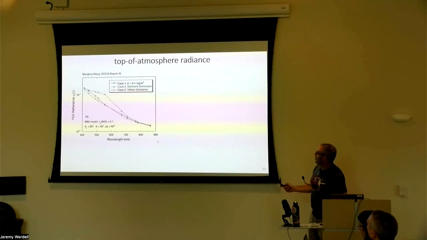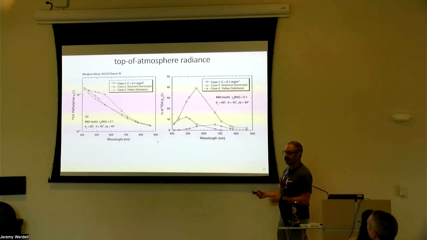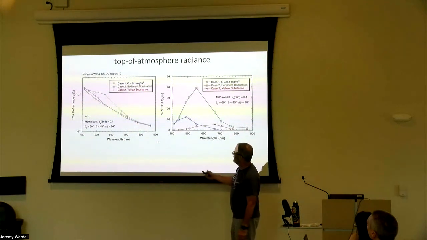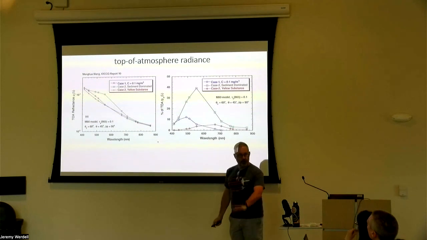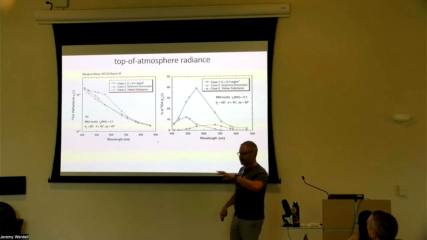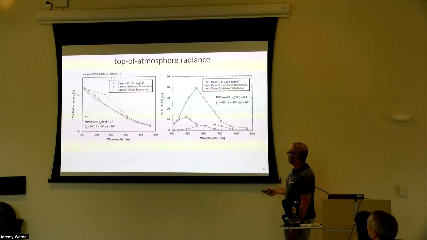All right, so top of atmosphere radiance, we've already pretty much covered this. This was a modeling exercise that appears in an IOCCG report. It's basically restating something that I already said, that the fraction of top of atmosphere radiance is very, very small when you're only considering the sea surface. So the curves here are wavelength versus top of atmosphere reflectance of different kinds of water. You can see that there are different spectral shapes that you might get there, for particular atmospheric conditions.